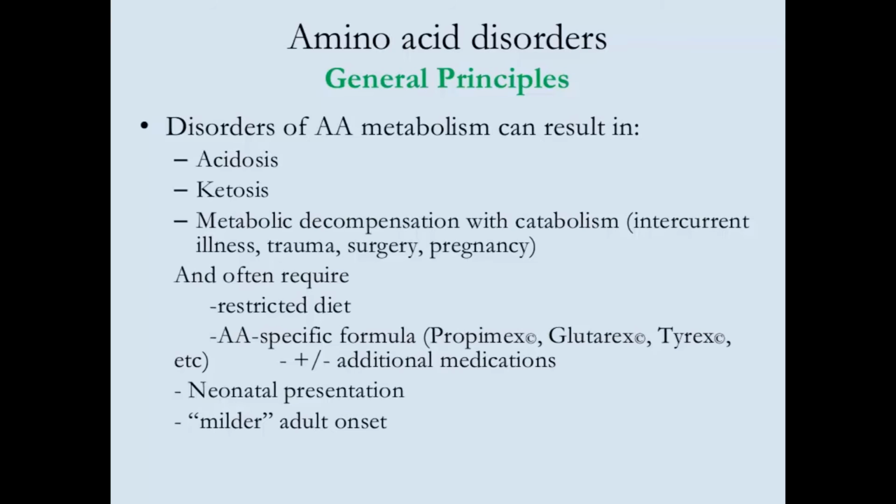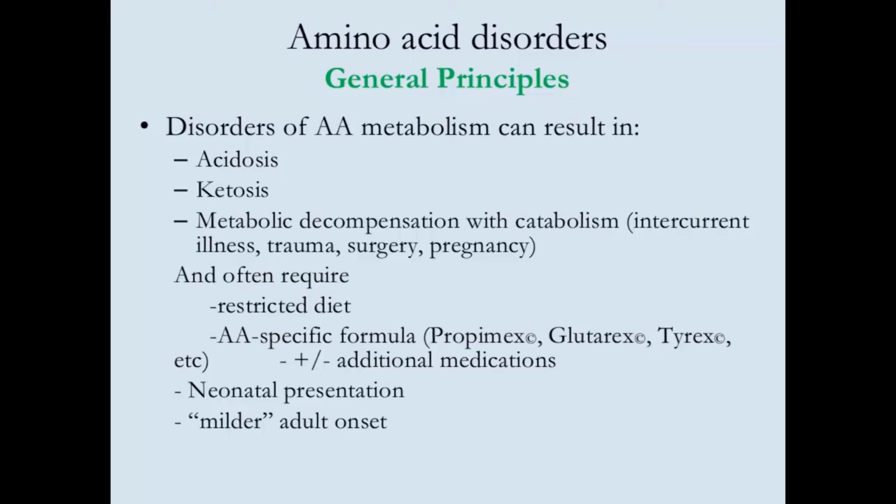All those things can either unmask a disorder or certainly make it worse. And most often the treatment for these is, in general, a restricted diet where you restrict the offending amino acid and then have a formula to provide the remaining needed protein for your body, and then sometimes additional medications which may be needed to help with control.